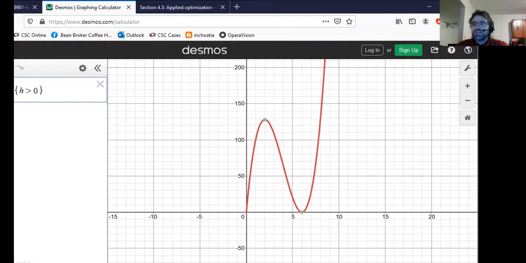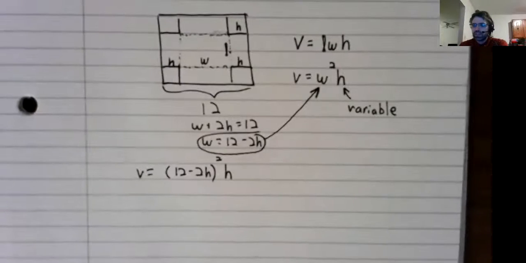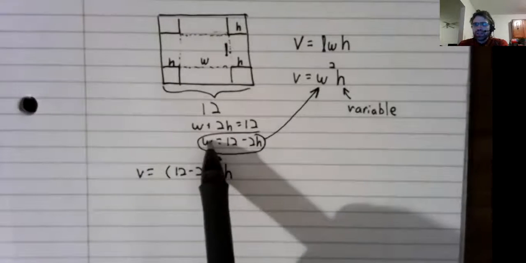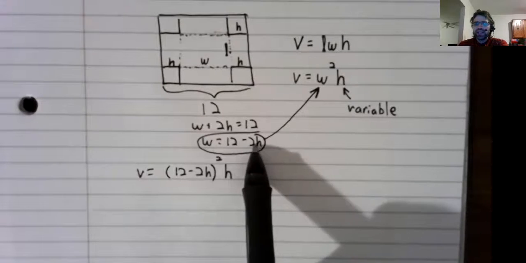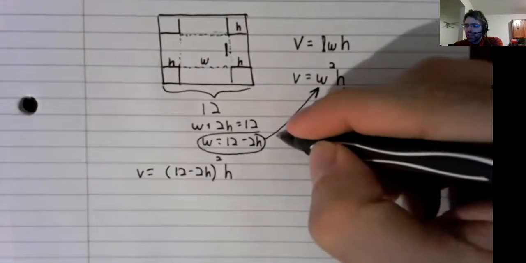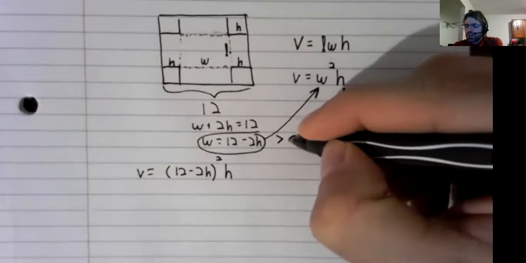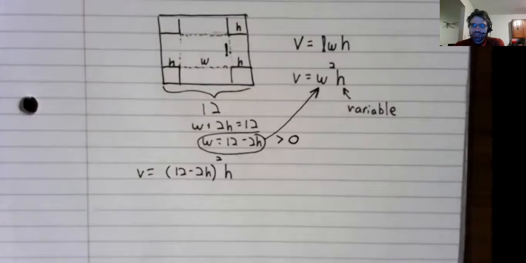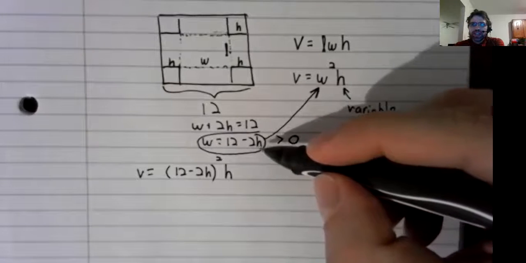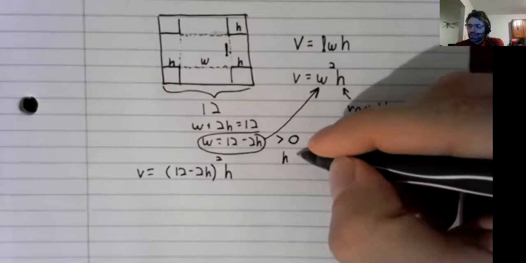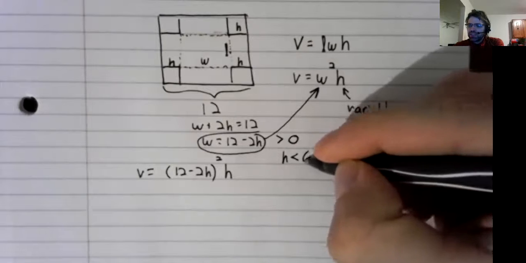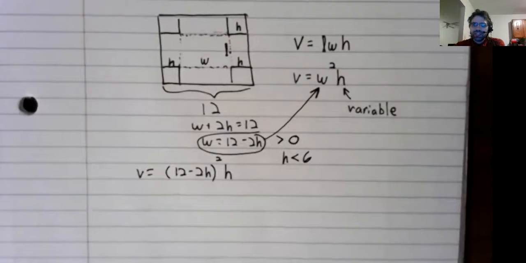However, looking back at our paper, the width is 12 minus 2H, and the width has to be positive. That tells you that H is less than 6.